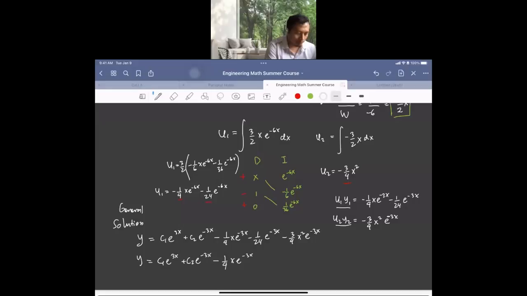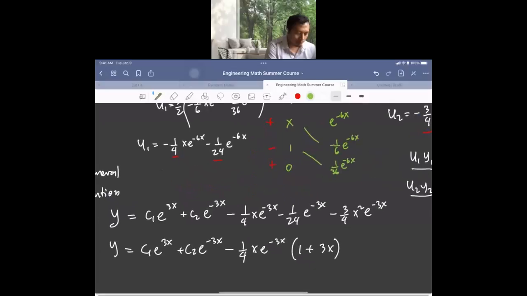or we can factor out, this is 1 plus 3x.